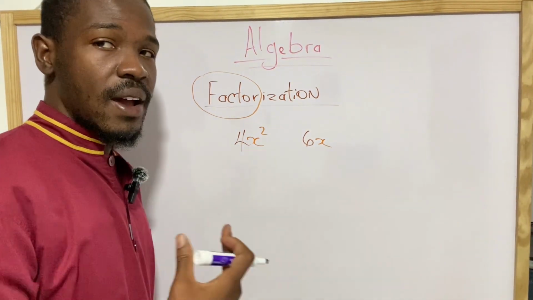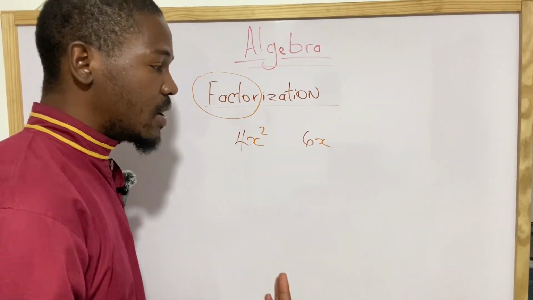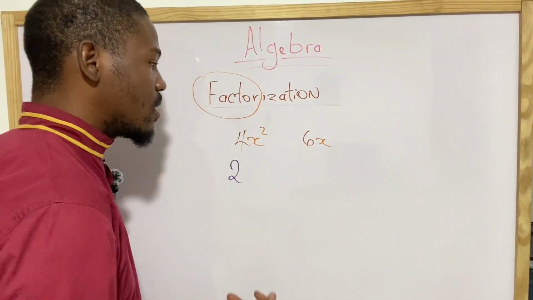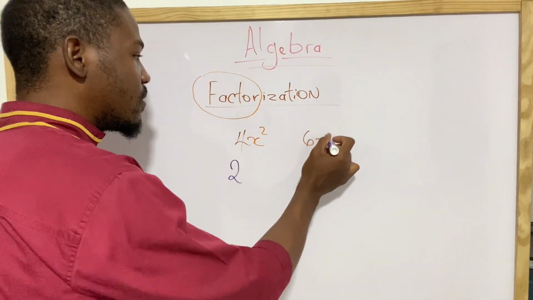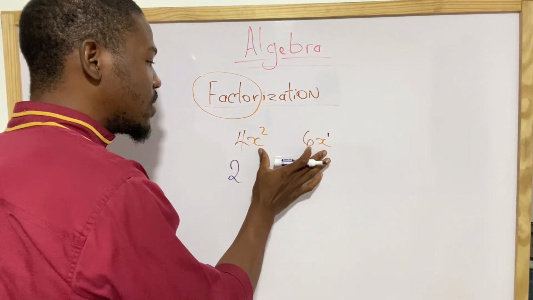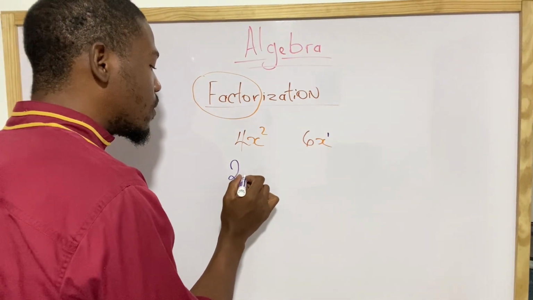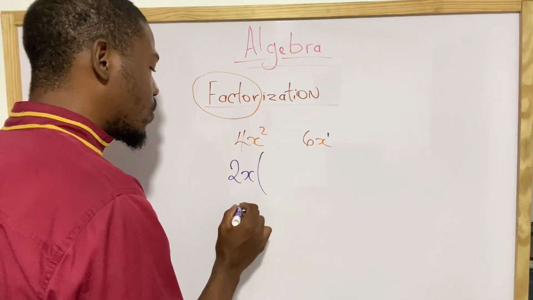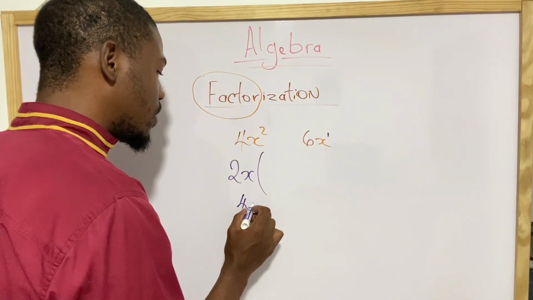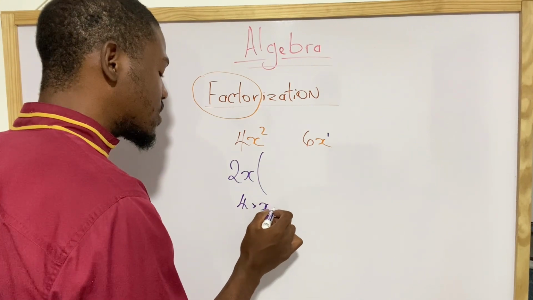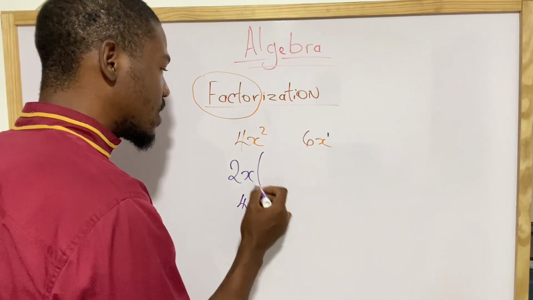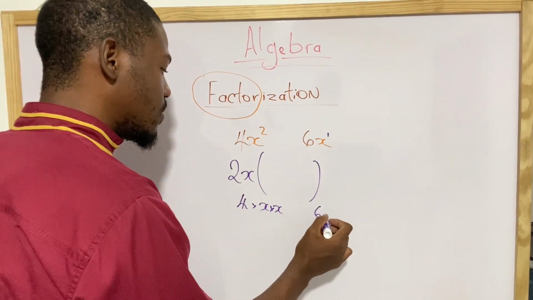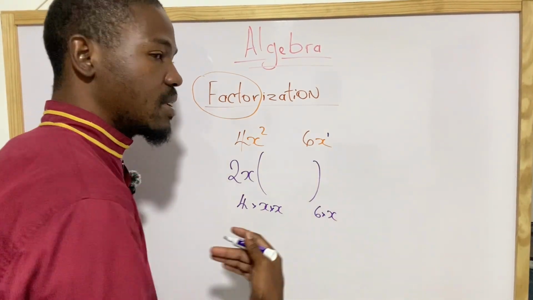We just identified the highest common factor between 4 and 6, and it was 2. We know that we're going to take out the variable because the variables are the same. We take out the one with the lowest index. If we were to spell out everything, we would have 4 times x, because that's x squared, and then 6 times x.